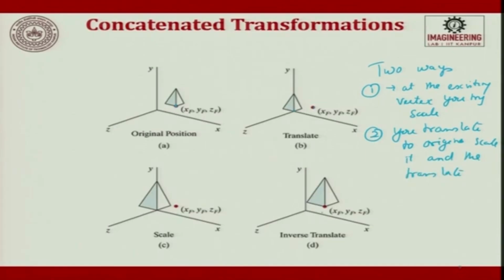When we do this, there are several steps which are followed. So, first is this point, then from this point you are moving to here, then you are trying to do scaling and then you are trying to bring back inverse translation, right.